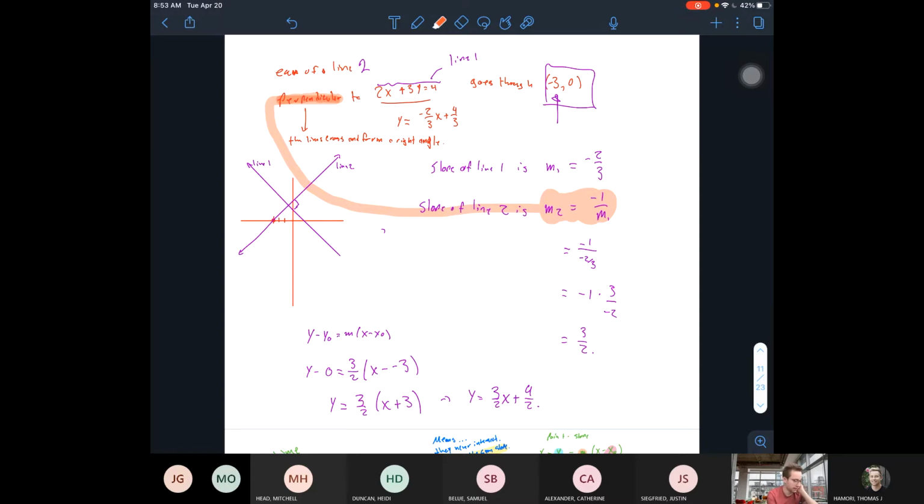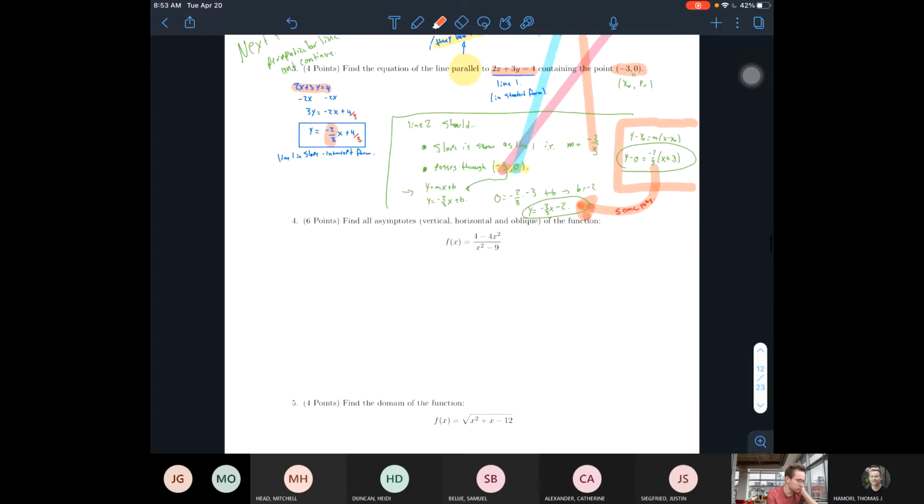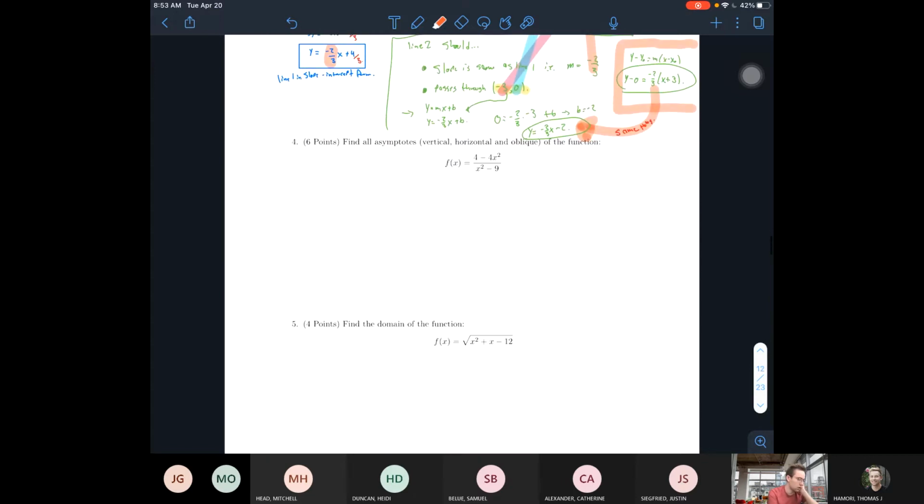Okay, that's what perpendicular lines do.